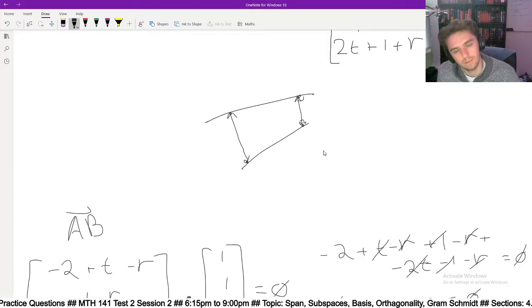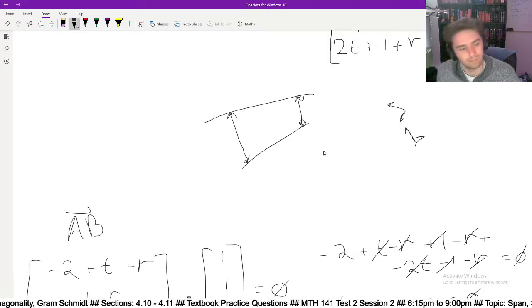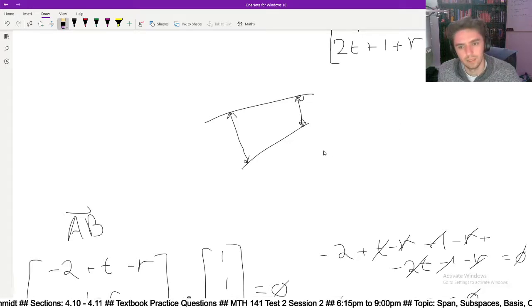No. So if we just imagine the direction vectors, and they're like that, then if we want to be perpendicular to this one, that's one thing. Perpendicular to this one, that's another thing. I don't know. I'll have to figure that out.